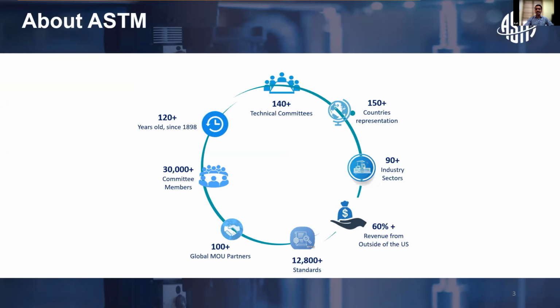And even though it is called ASTM, previously it was called American Society for Testing and Materials, but they renamed it a few years back as ASTM International, just because the kind of standards that ASTM develops is not just used in America alone, but it is used across the globe. So if you can see here, 60% of the revenue for ASTM comes from outside the US.